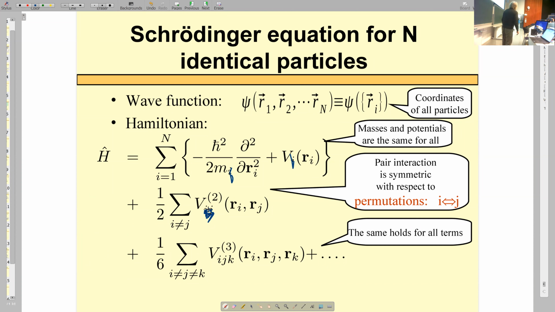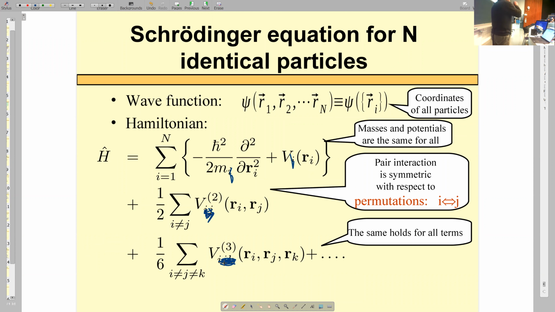Well, I could go further. I could think of an interaction which involves three particles. It is a term which depends on coordinates of three particles. Again, if I assume that the particles are identical, I just write these indices, which means that interaction of any three particles is the same function of coordinates.